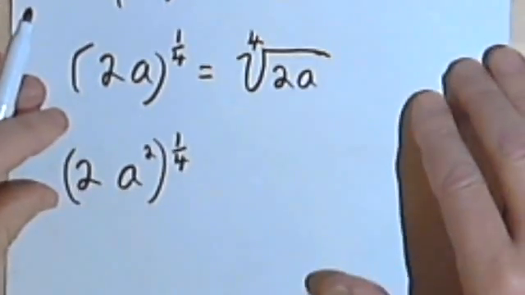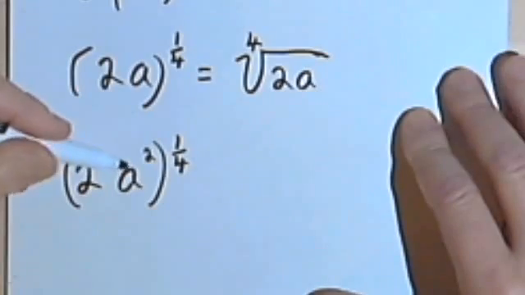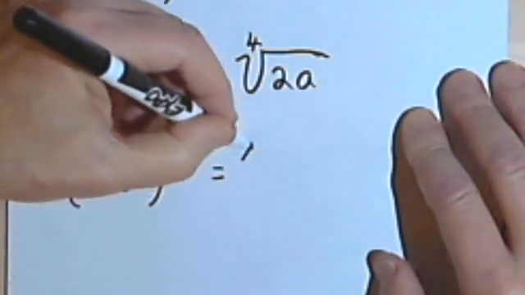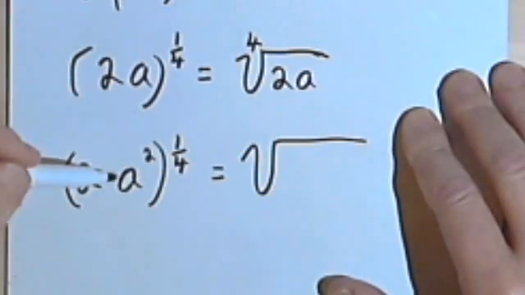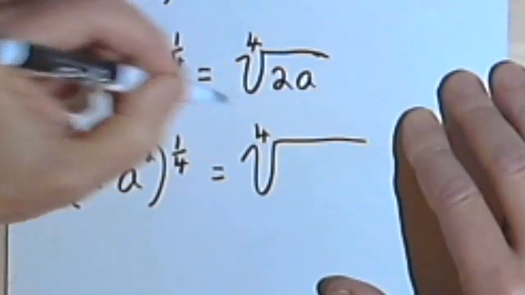Okay? And another variation on this. Here I've got (2a squared), that whole thing in parentheses, and that's raised to the 1/4 power. So I'm going to put in my radical sign. Since I'm raising this whole thing to the 1/4 power, I'm going to have a 4th root.